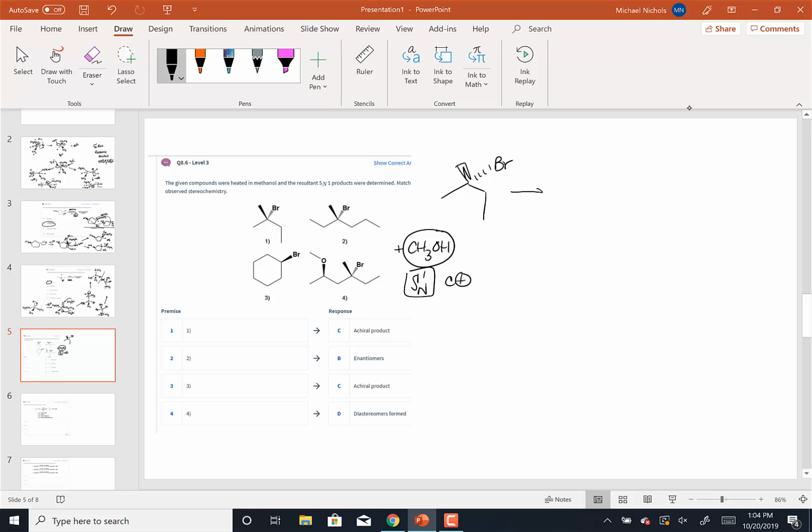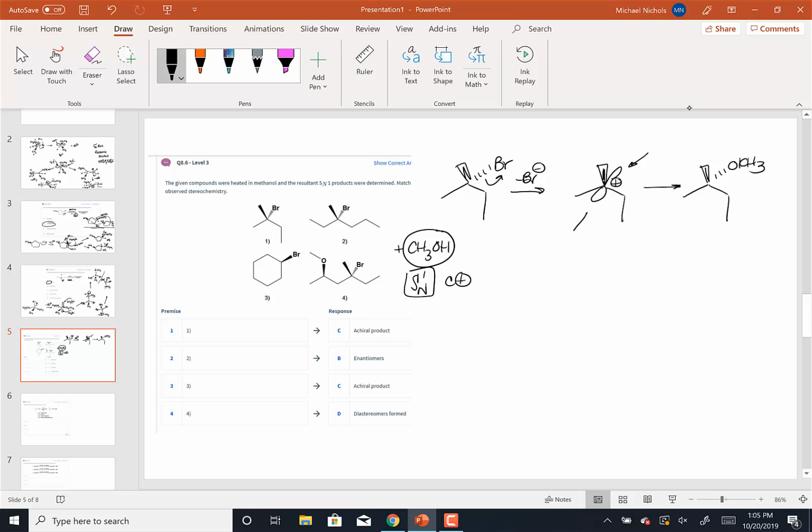So that means that this molecule is going to lose the Br minus. I'm going to end up with that carbocation with its empty p orbital, and when the methanol reacts with it, I'm going to end up with the OCH3 being on a dashed wedge because it will have reacted from this direction.